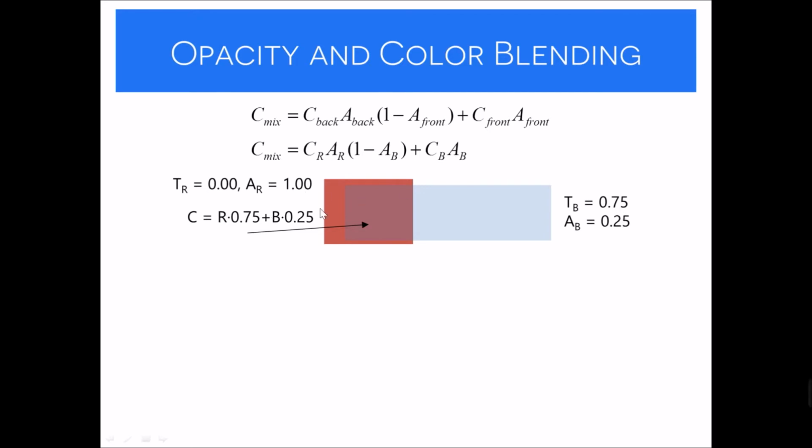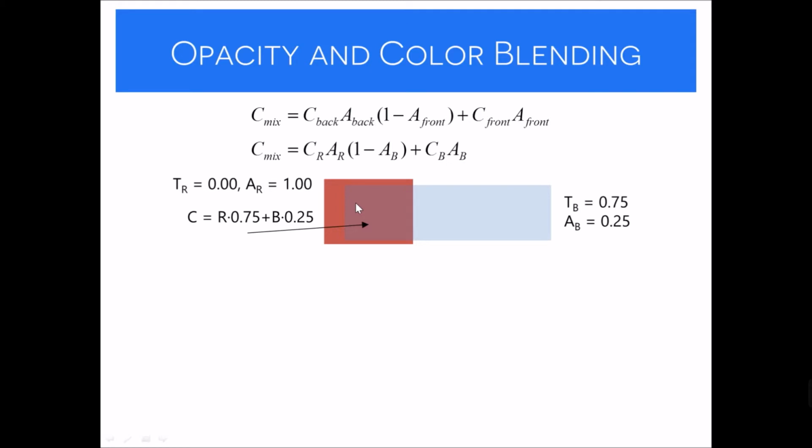So the red times 0.75 because the blue is pretty transparent, and then plus the blue times 0.25. That's its own opacity, right? The color times its own opacity, plus the color of the back times its opacity times 1 minus the opacity of the front. And then you basically get this very faint-looking blue, right?